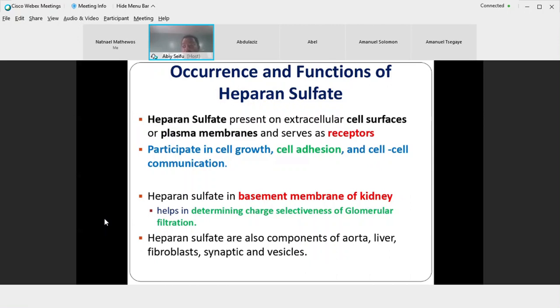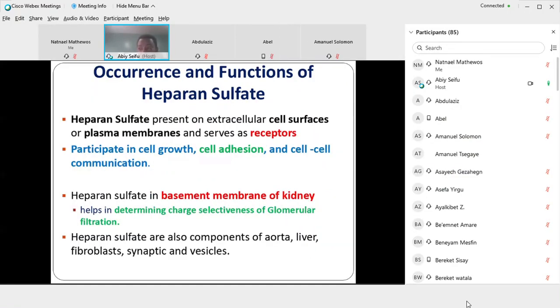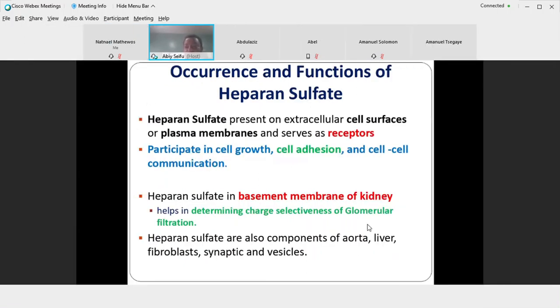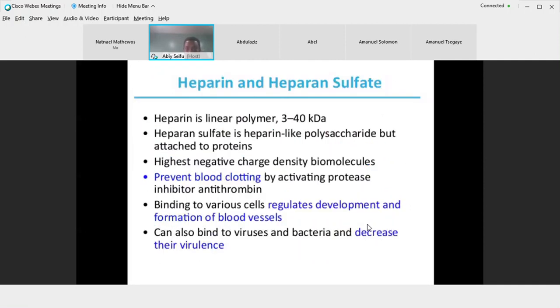As you know, cancer cells can avoid what? Cell adhesion. Therefore, cancer cells decrease the synthesis of heparan sulfate, for their own benefit, not for the benefit of the organ. Heparan sulfate is also found in the basement membrane of our kidneys, where it helps determine charge selectivity of glomerular filtration.